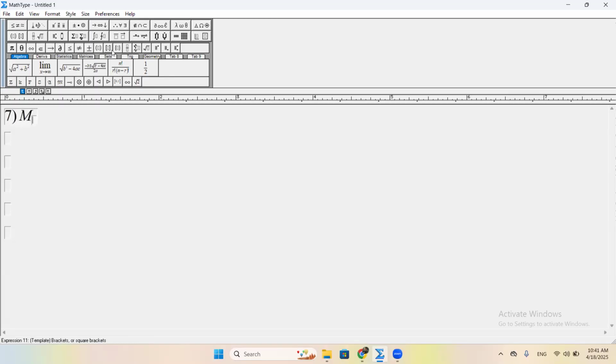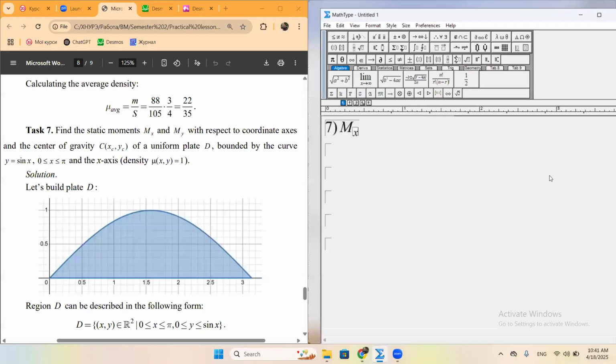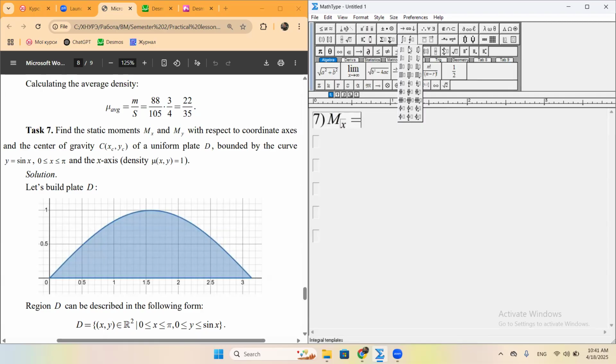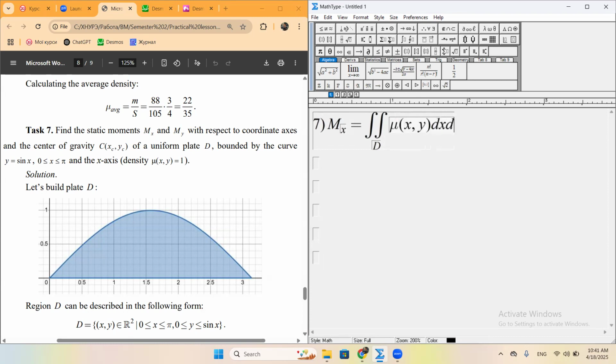For the x-axis, if we calculate static moments with respect to the x-axis, we use the following integral: mu of x y dx dy multiplied by the y variable. And for static moments with respect to the y-axis, vice versa, we multiply by x.